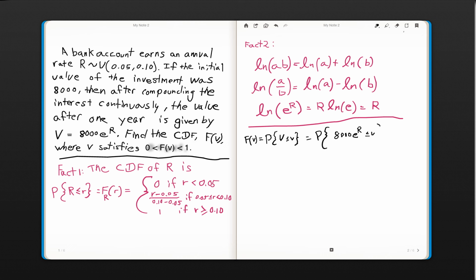Now the strategy is to solve for R, and this is where we use fact 2 and use the natural log, because we use the natural log to bring down the exponents. I'm going to skip a few steps. Understand that this is the natural log of 8,000 plus R, basically times the natural log of e, but we already know that equals R from above, and that's less than or equal to the natural log of v.